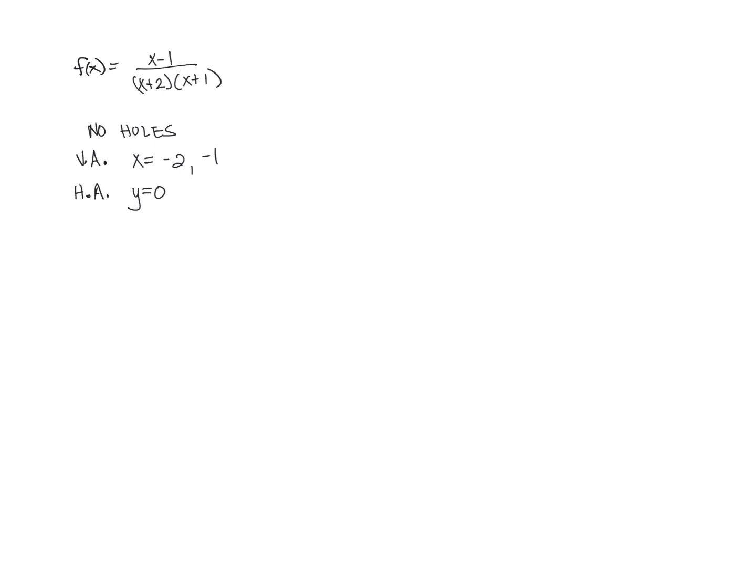I would like to know if this is going to cross our horizontal asymptote. So we set the function equal to the horizontal asymptote that we just found. So we have x minus 1 over x plus 2, x plus 1, equaling 0.